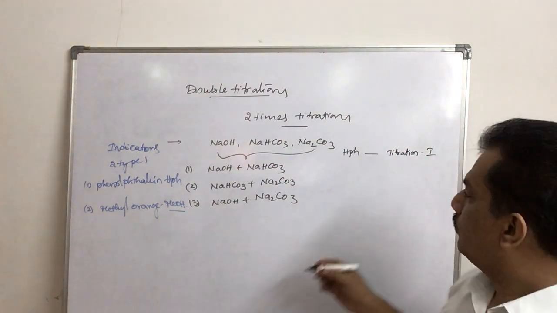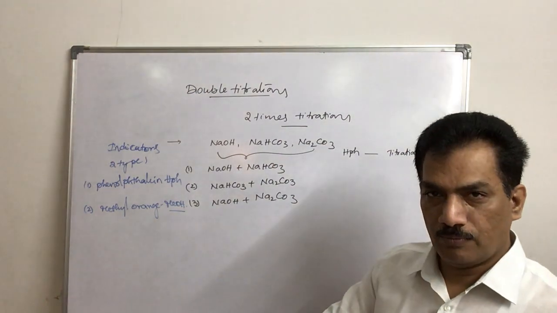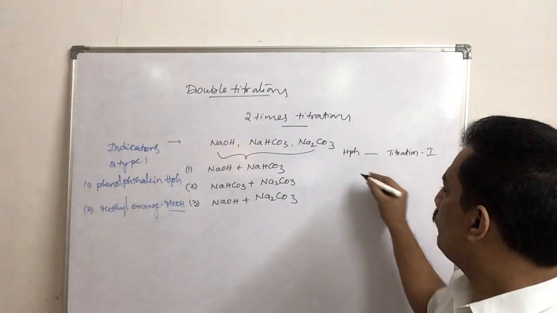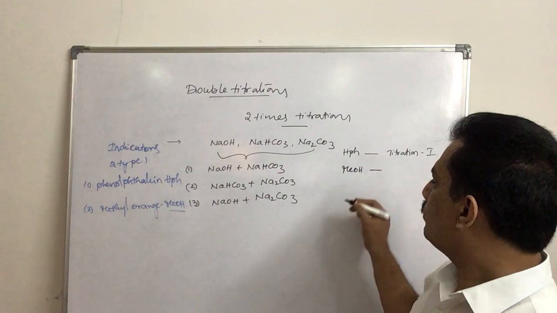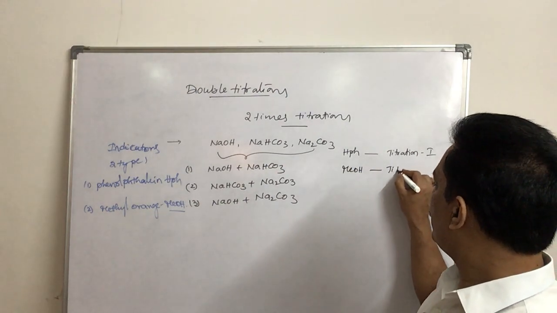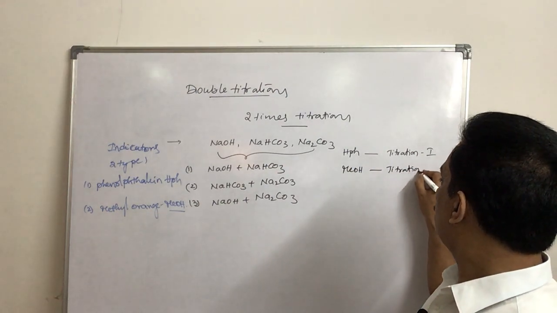And next, for the same solution, we add methyl orange as the indicator. After adding methyl orange, again when it is titrated, it is nothing but titration 2.